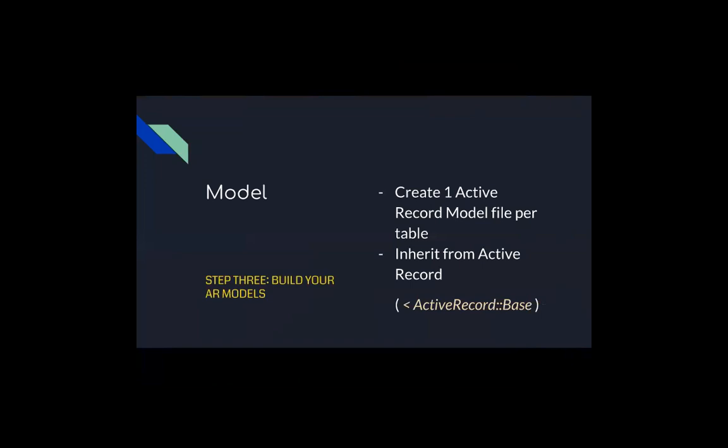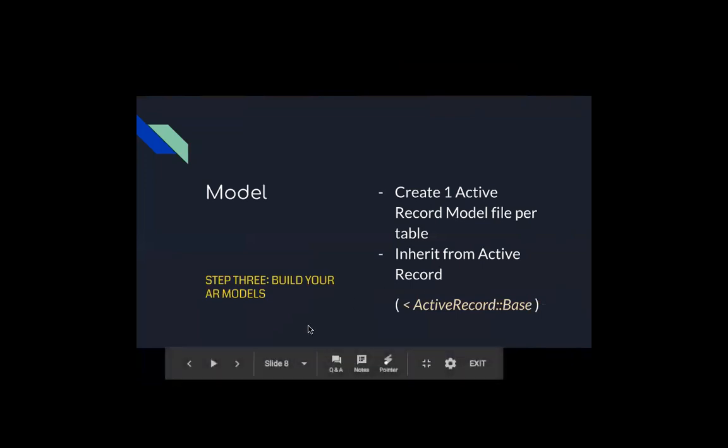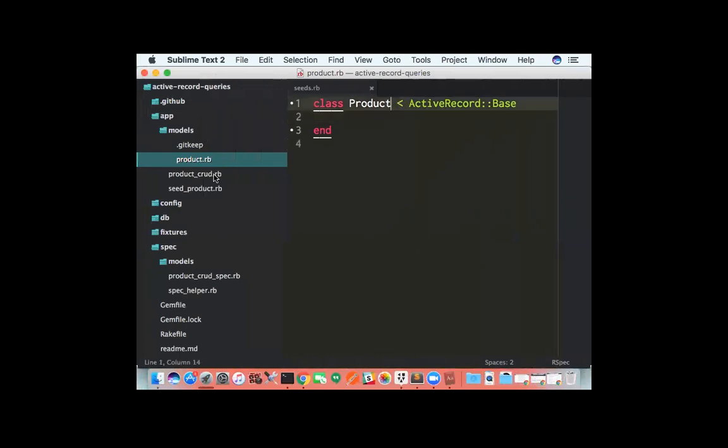If I had something with two words in it, both words would need to be capitalized, the same way you would set up your table. One thing I would note is that your file is lowercase, so product.rb is singular, and snake case if it's multiple words, like product_crud.rb. And then in here, it's ProductCrud, capital case, for a class.